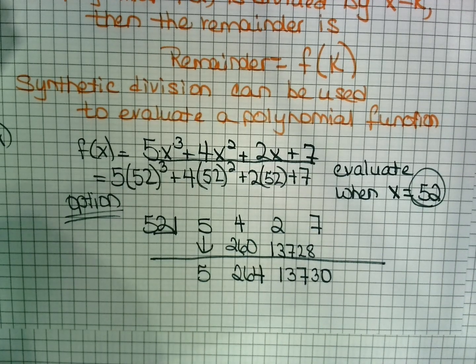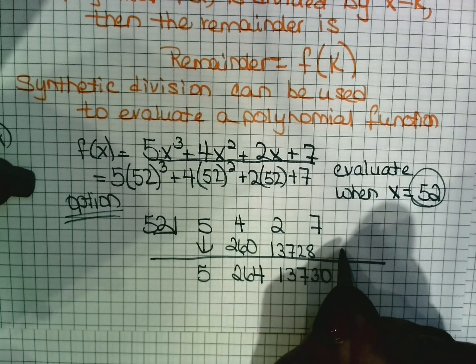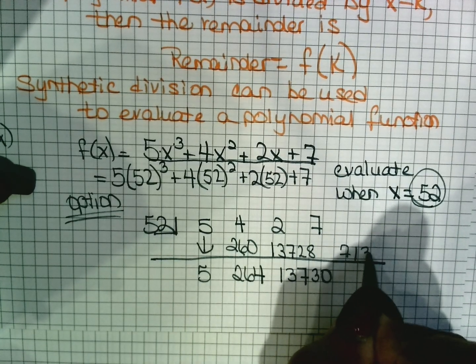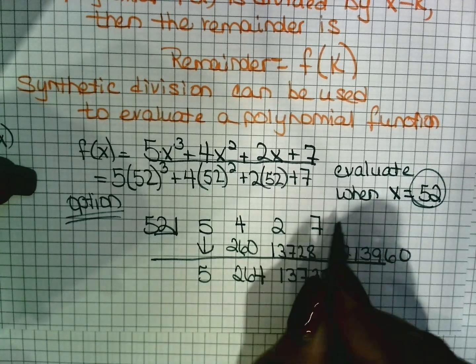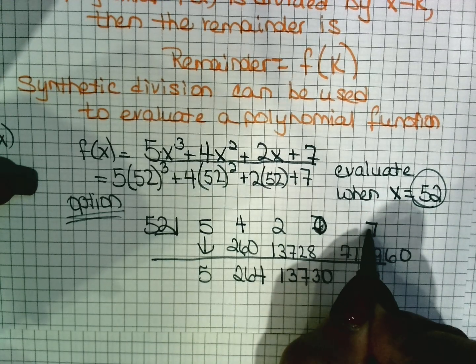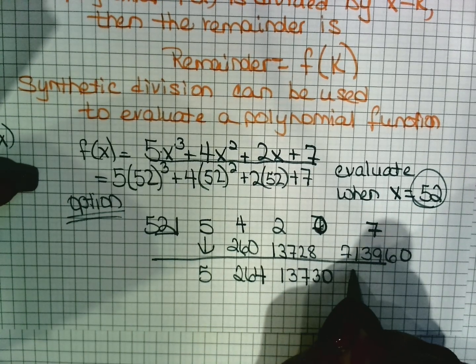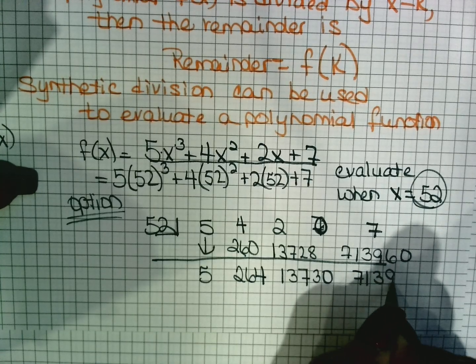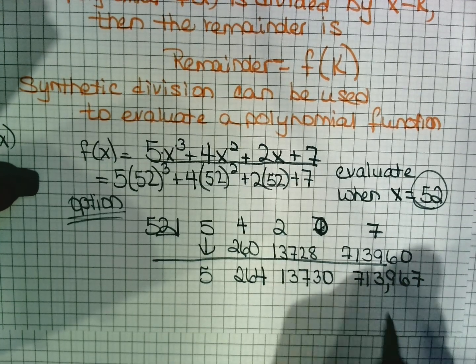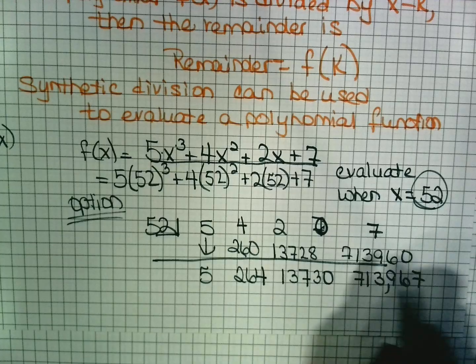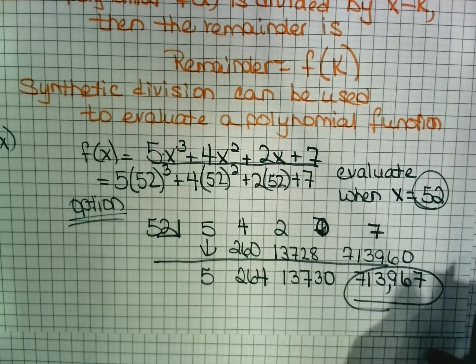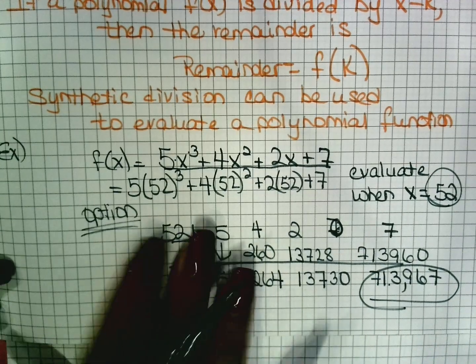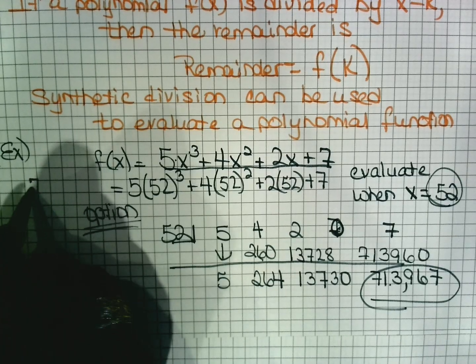Multiply 13,730 times 52, and that's going to give me 713,960. Sorry about that, I have to add that 7. We're going to add the 7, and that's going to give me 713,967.